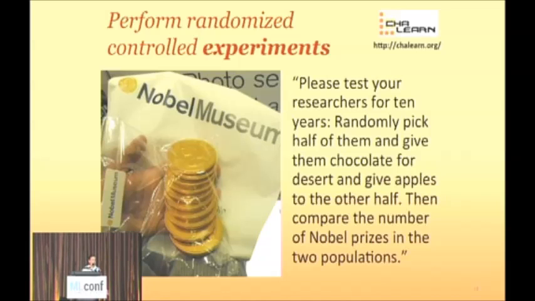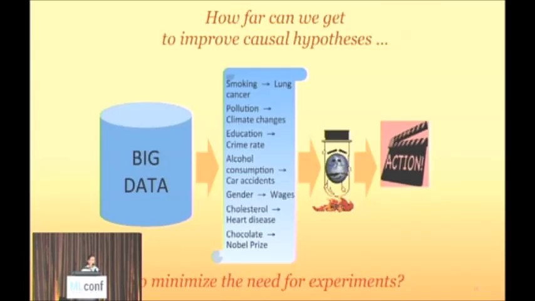Randomly pick half of them and give them chocolate for dessert, and give apples to the other half, and compare which half earns more Nobel Prizes. You can see immediately that such experiments are not so easy to perform, so eventually you have to perform these experiments, but you want first to do everything you can to prioritize them to reduce your cost.